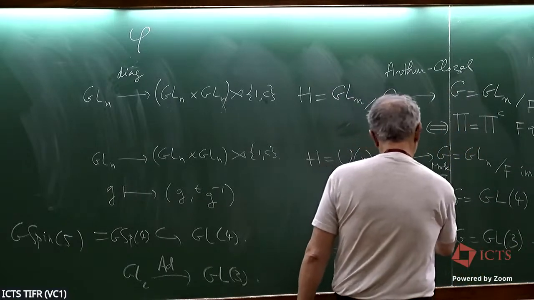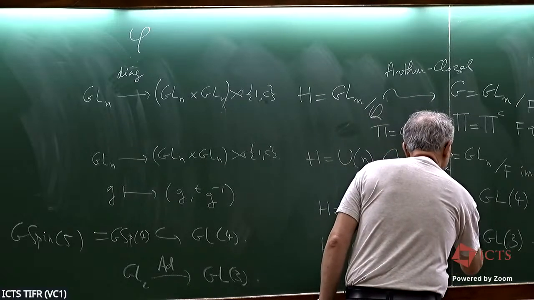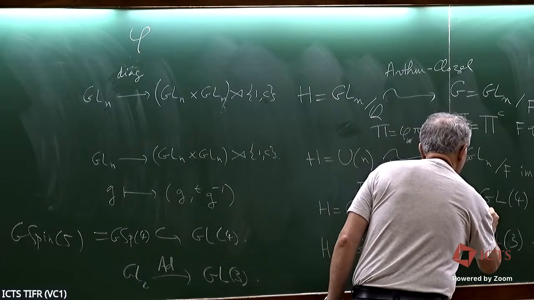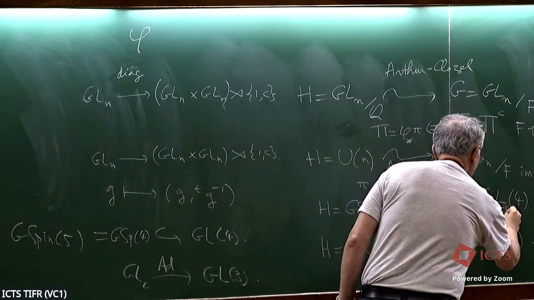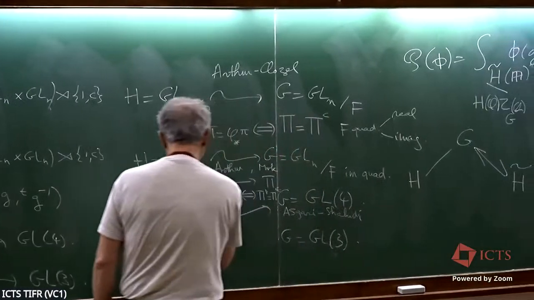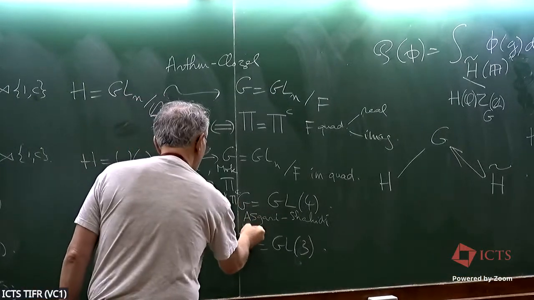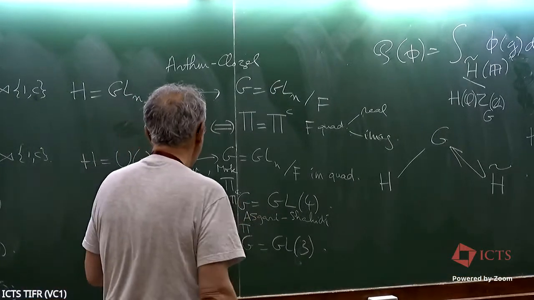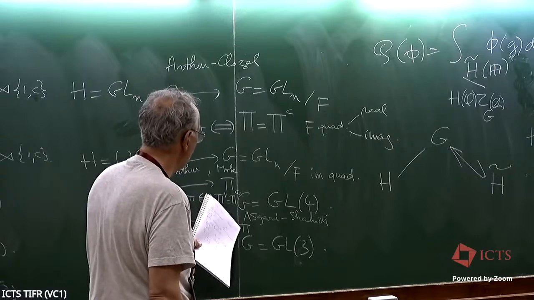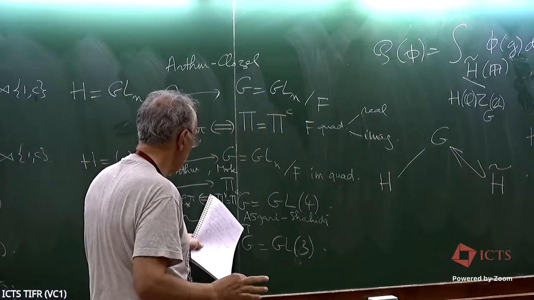Here, this has been established by Asgari and Shahidi, provided you start with some pi which is generic. If pi is generic, you have the transfer, and the characterization is that capital Pi admits a Shalika model. Anyway, there is a characterization.